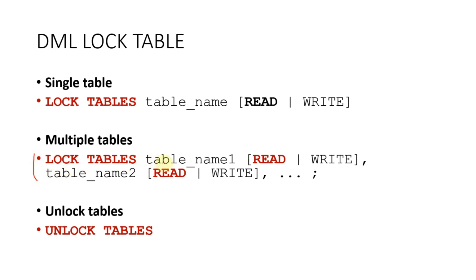So here we have lock tables, first table, then the mode of lock, whether read or write, then second table, and either read or write. Then we can also unlock these tables with the help of this unlock tables query.